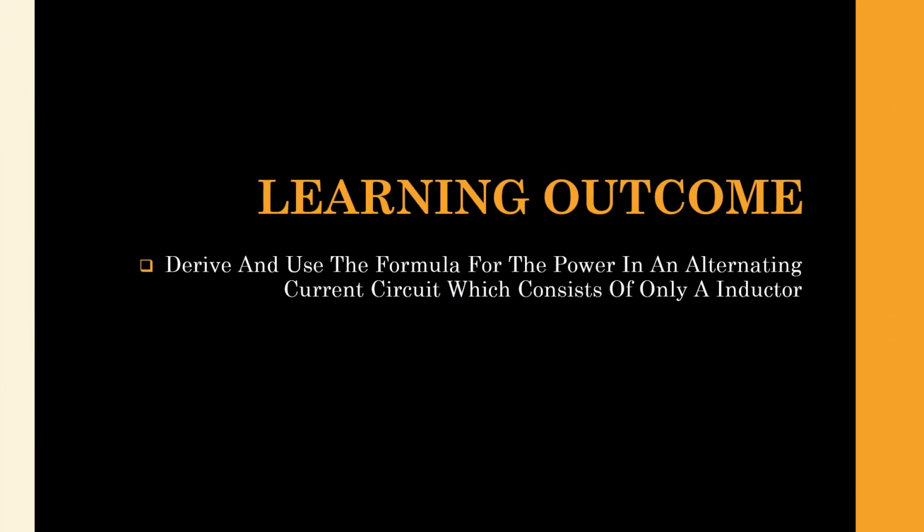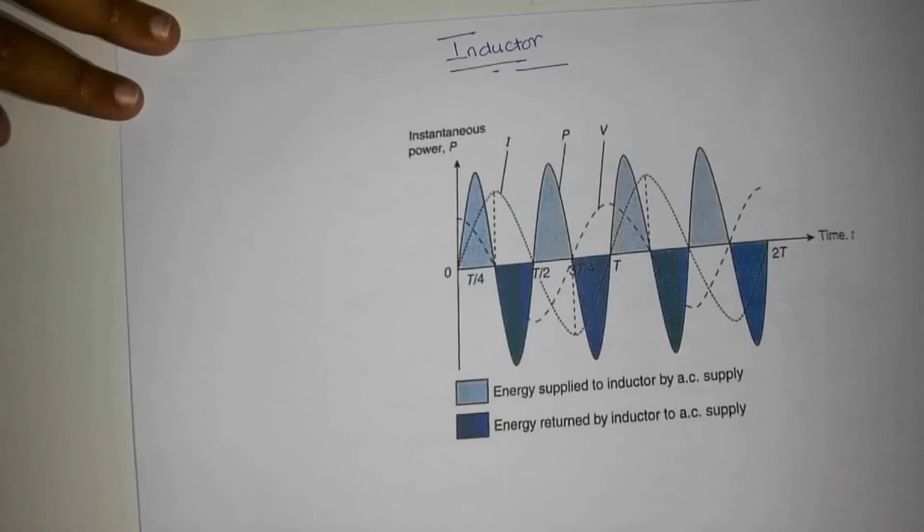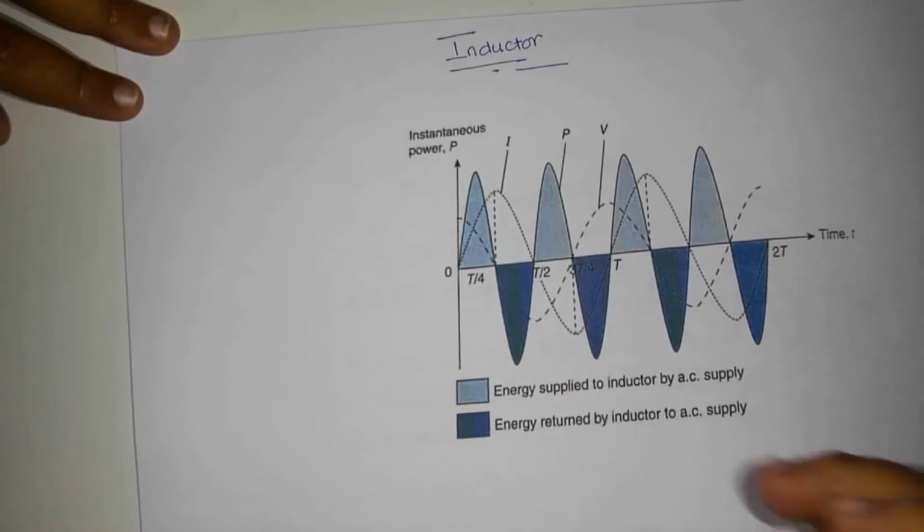Our next learning outcome is to derive and use the formula for the power in an alternating current circuit which consists of only a pure inductor, and then we're going to study this graph.